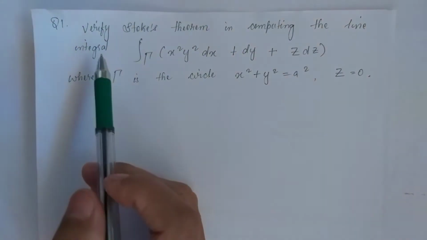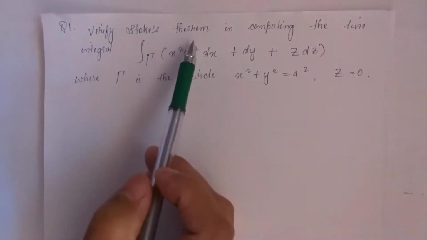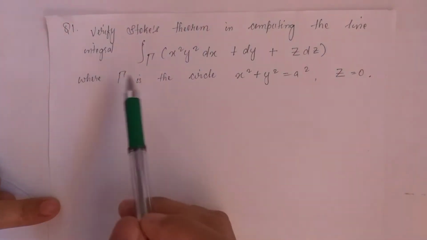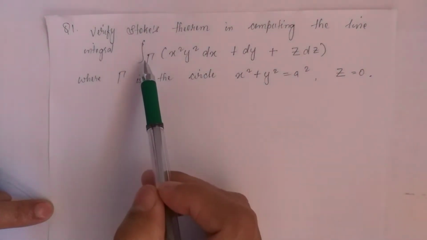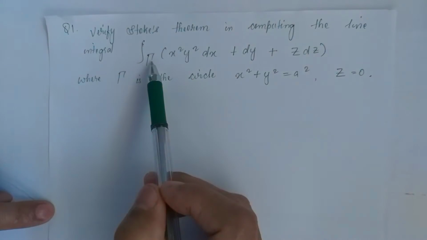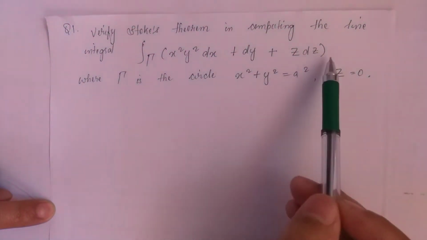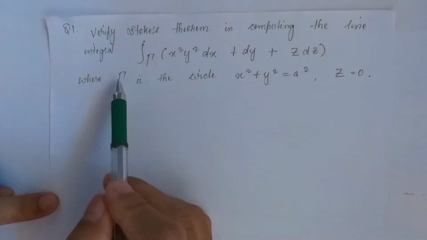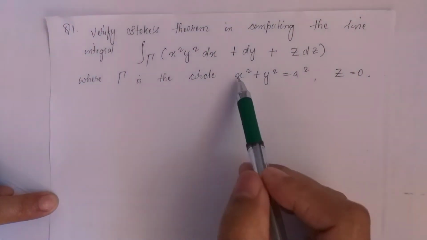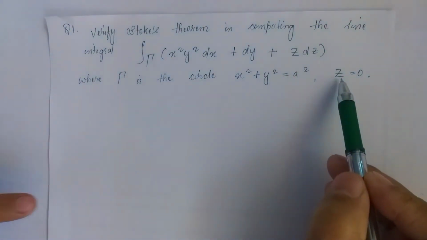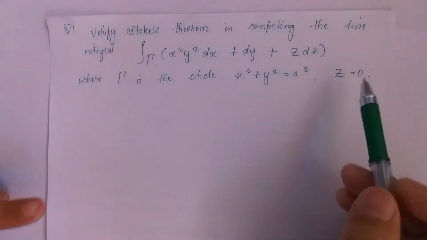In this problem, we are going to verify Stokes' theorem by computing the line integral or curve integral over rho of x squared y cubed dx plus dy plus z dz, where rho is the circle x squared plus y squared equal to a squared and z equal to 0.